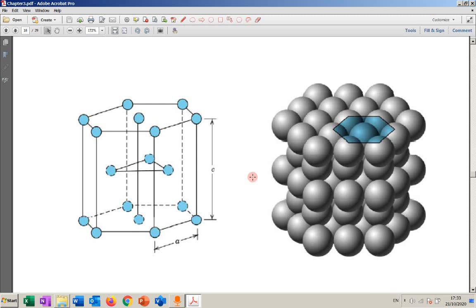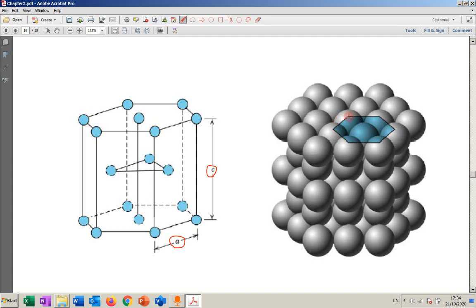Now here we have two lattice parameters, a and c. The reason it's called hexagonal is basically because of the 6 atoms we have at each corner, which create a hexagonal shape.